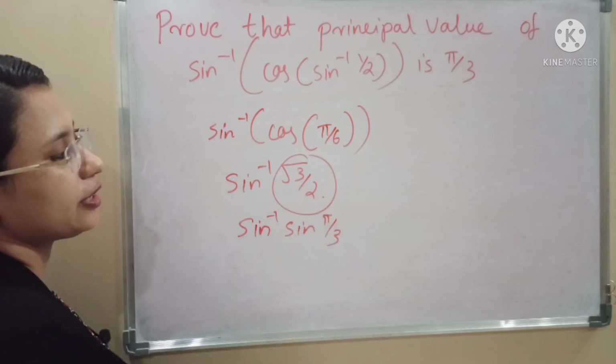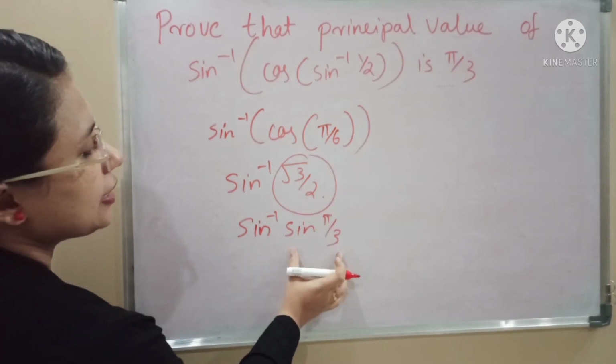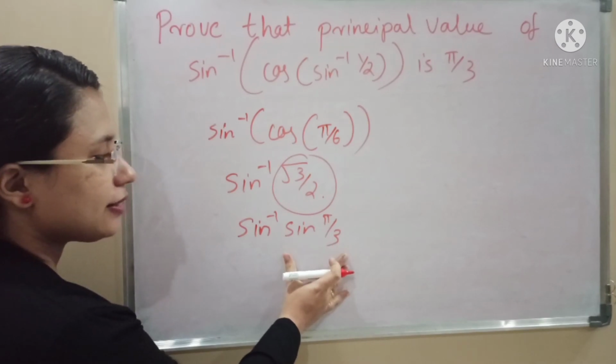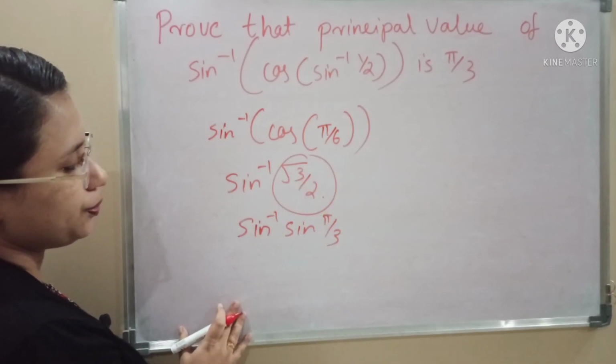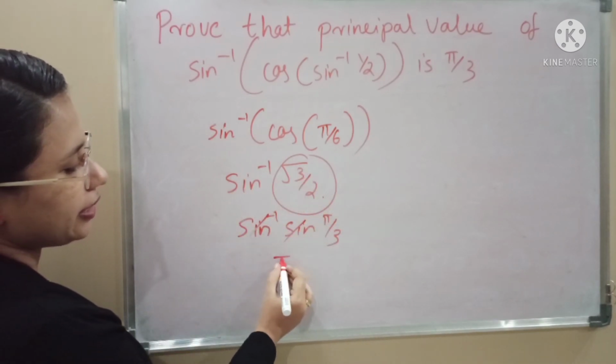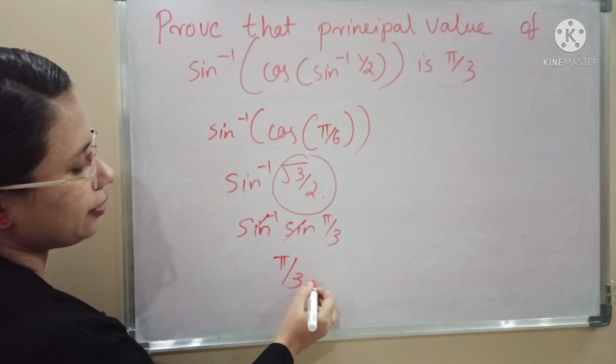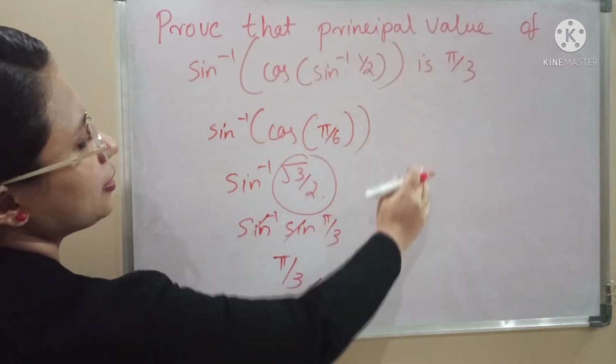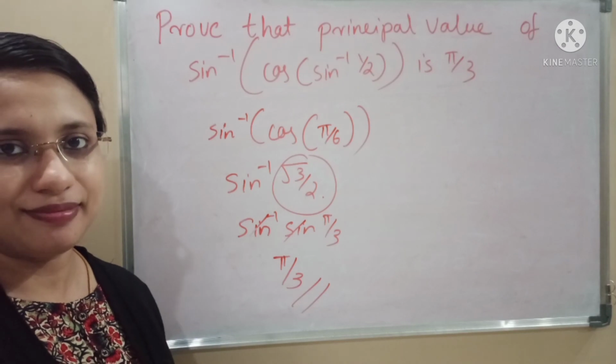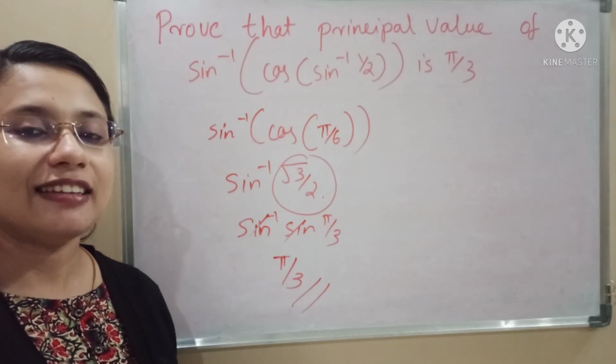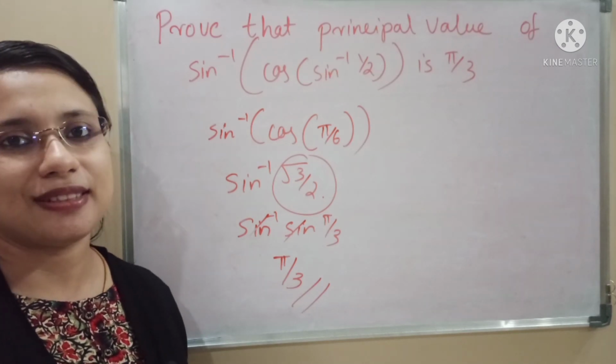In place of root 3 by 2 we can substitute sine pi by 3. Sine pi by 3 is the same as root 3 by 2. Now sine and sine inverse will get cancelled. Our final value is pi by 3. So hence proved. Okay, we'll see in the next class with the new chapter.